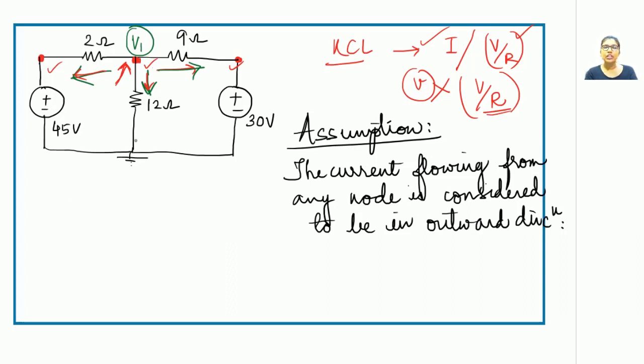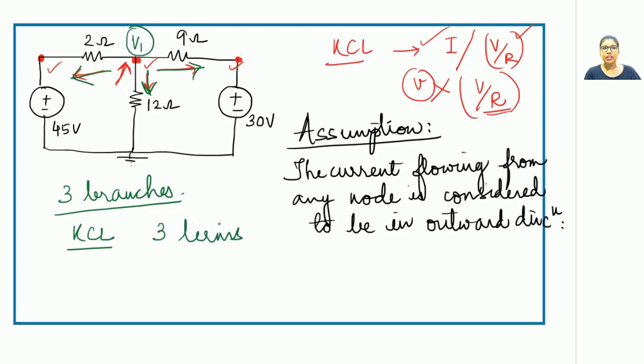There are 3 branches connected to this node V1. So since there are 3 branches connected to V1, the KCL equation written from V1 should have 3 terms. This is very important. The number of branches connected to a particular node should be equal to the number of terms that appear in the KCL equation.